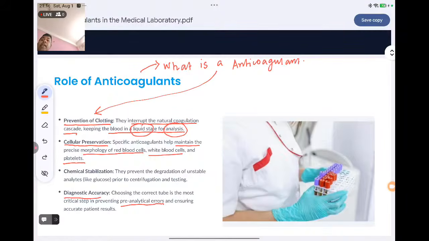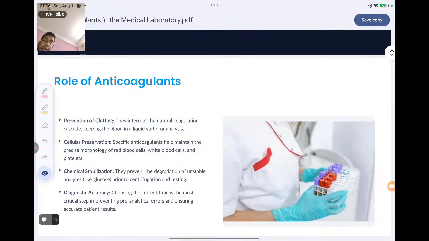And if we take the whole blood in an incorrect tube, then it will also give a false result in the patient's report. Now I will move to the next slide.